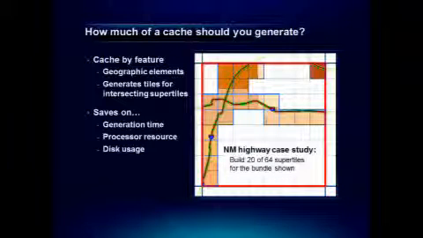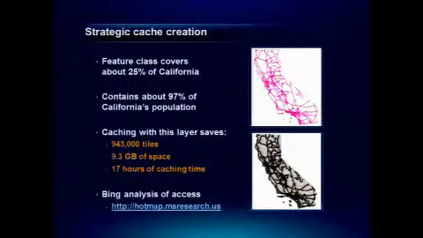So think about where people are going to be interacting with your cache, and just build the cache in those specific areas. Sterling did this great analysis of California and where people may zoom in and look at a map of California.